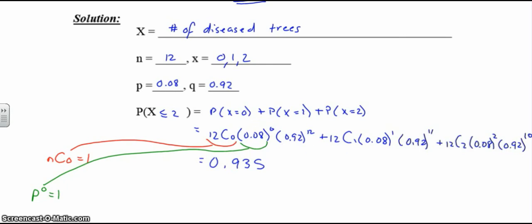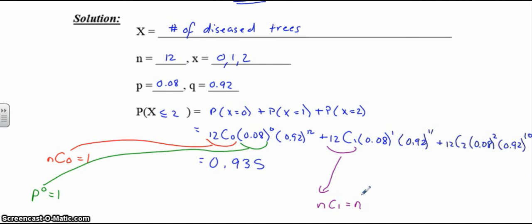Last one, 12C1. Anything C1 is equal to whatever the row number was. So 12C1 is equal to 12. 6C1 is equal to 6, because that would be the second term in each row, and the second term in each row is always equal to the same as the row number.